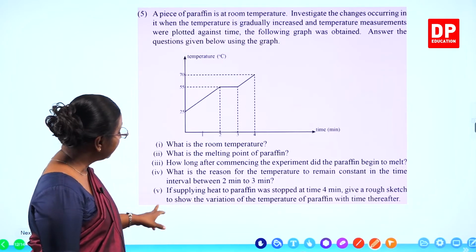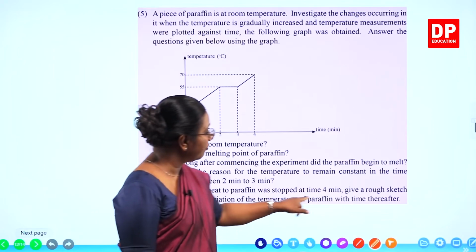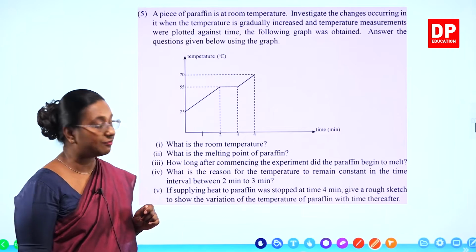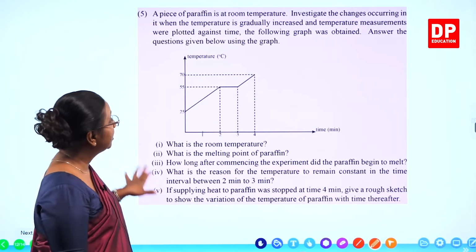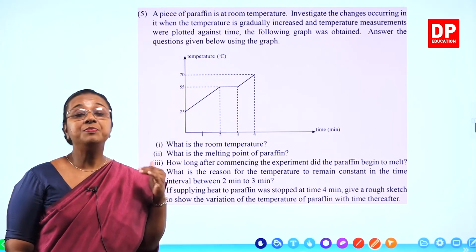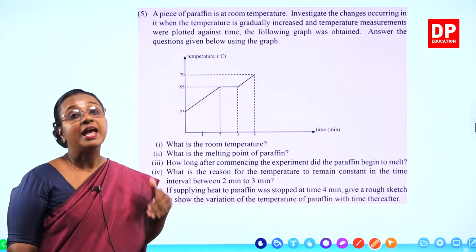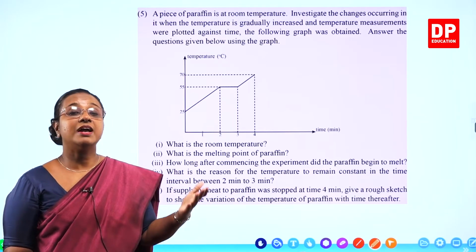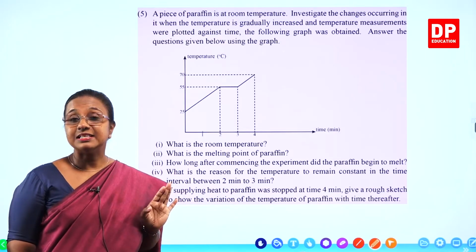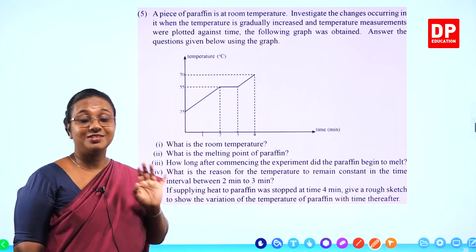And the fifth one: if supplying heat to paraffin was stopped at 4 minutes, give a rough sketch to show the variation of the temperature of paraffin with time thereafter. Then what will happen to paraffin? It will cool down, come to the same point equal to the melting point. What is it? Freezing point. And there again, it will solidify and come back to the room temperature. So you have to sketch that as a graph. Now that you all know what you should do, we will answer the questions one by one.